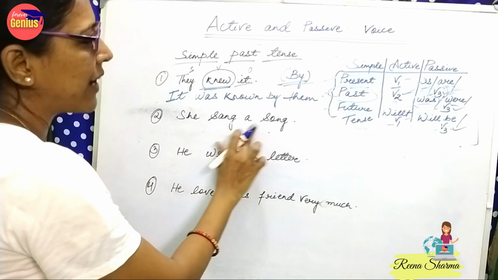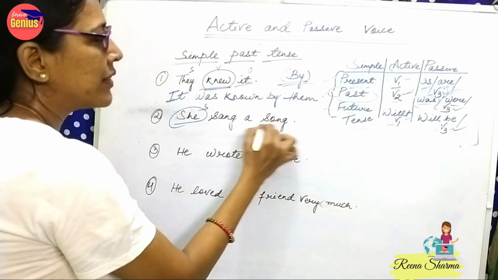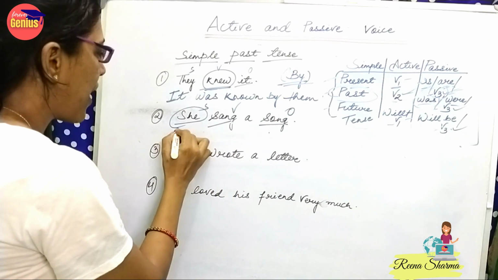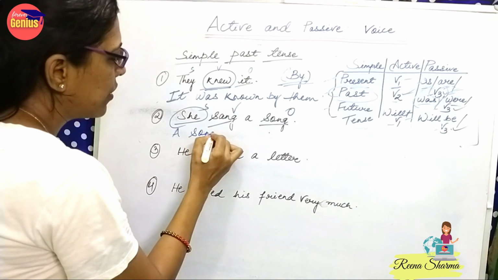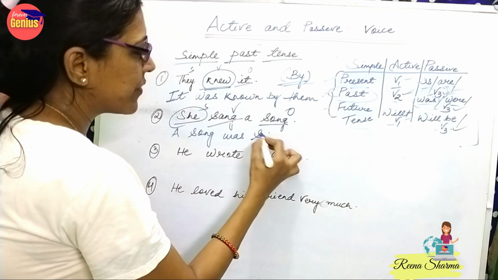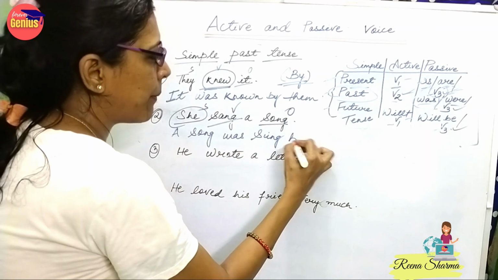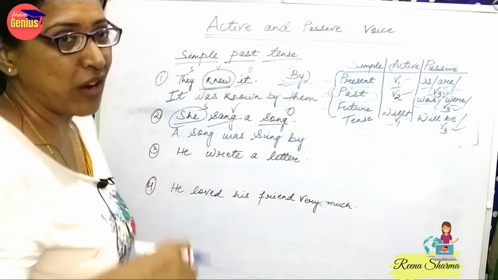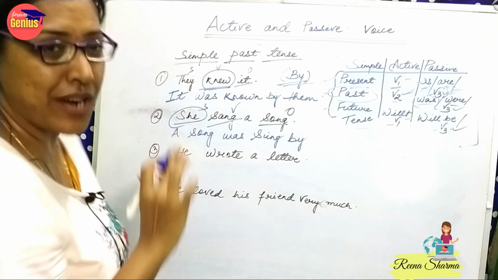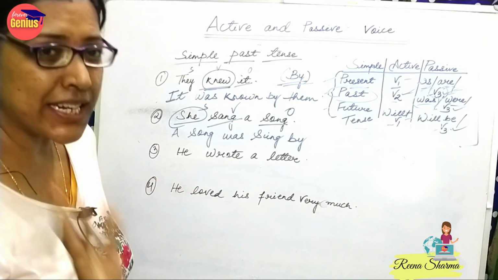She sang a song. So she is the subject. This is the object. This is the verb. So a song was. Sang will become sung. A song was sung by. Now don't write she. Change the pronoun form. Otherwise the sentence will be totally incorrect.